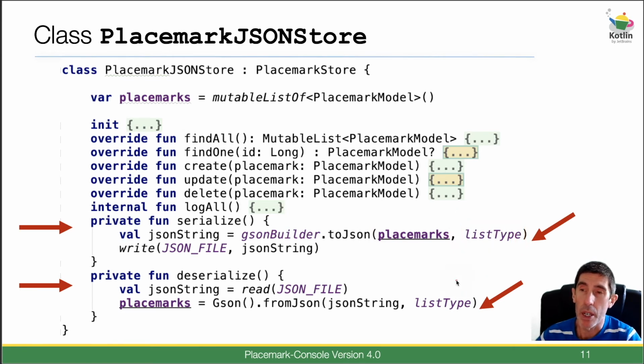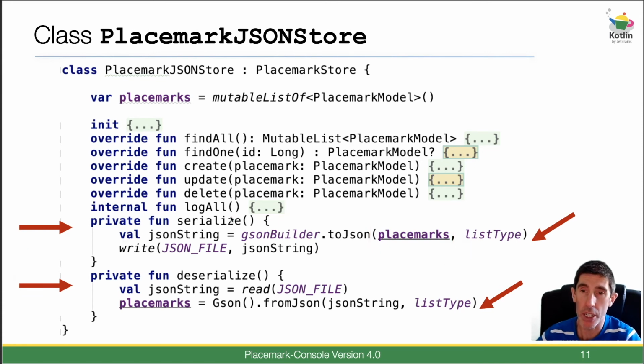In a nutshell, it tells Google's JSON how to store the JSON version of the class that you have. So this will determine how this PlaceMark is to be converted into its JSON equivalent, and we will look at that in due course.